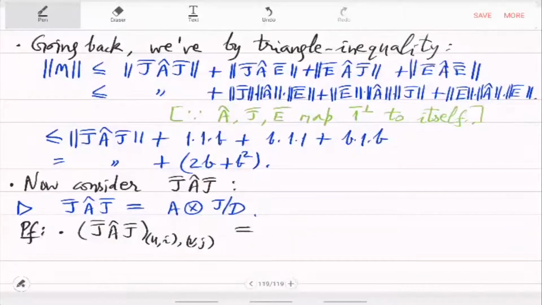They were indexed using the rotation map of the graph G. So let us look at row (u,i) and general column (v,j). So this entry, following matrix multiplication, is the J bar (u,i)th row times the A hat matrix times J bar's (v,j)th column.